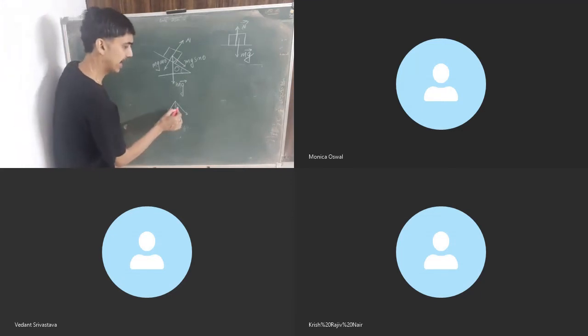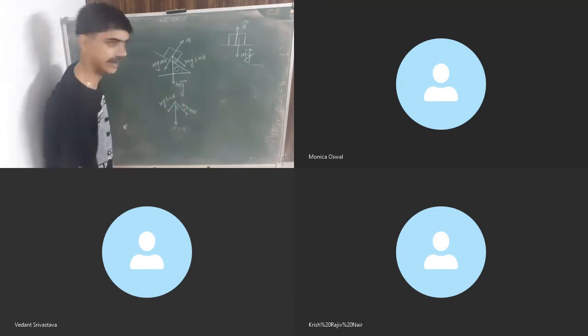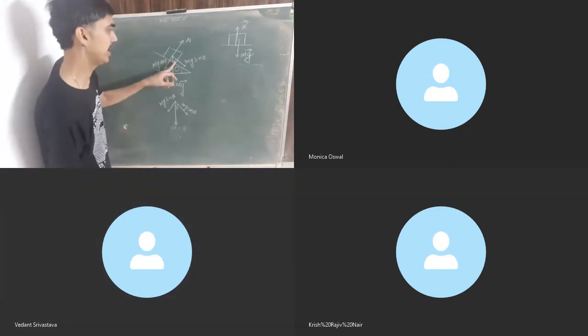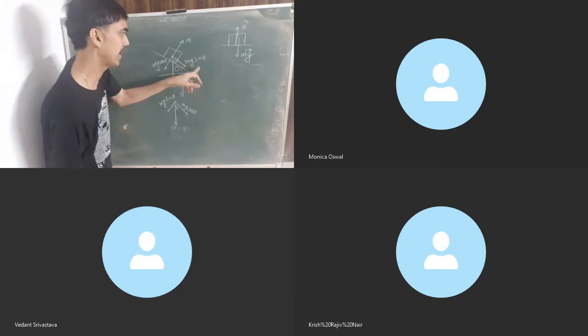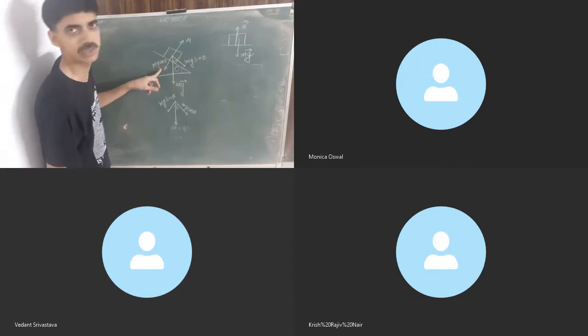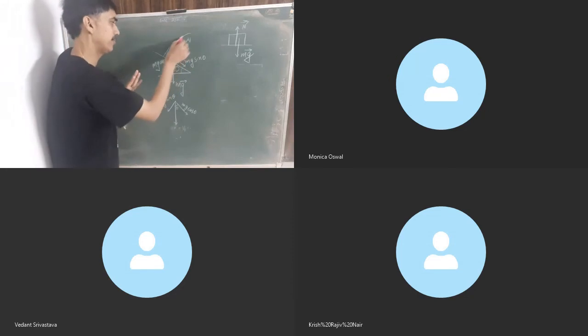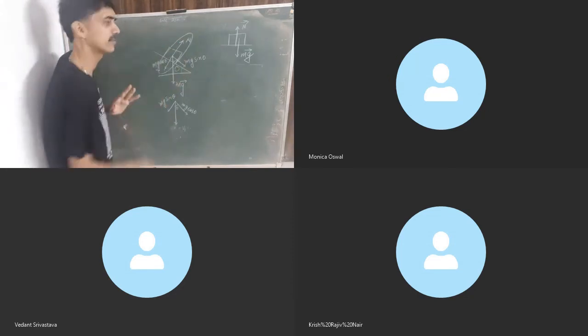If this is theta, in this direction you will write mg cos theta, and in this direction mg cos (90 minus theta), which will be sin theta. Correct here, Adesh and Vedant? Yes, sir. So here it was 90 minus theta, therefore mg sin theta for this and mg cos theta for this. As the book is not moving, normal and mg cos theta are balanced, correct?